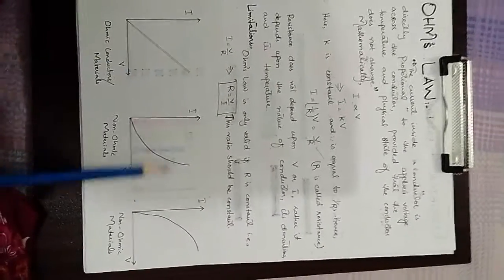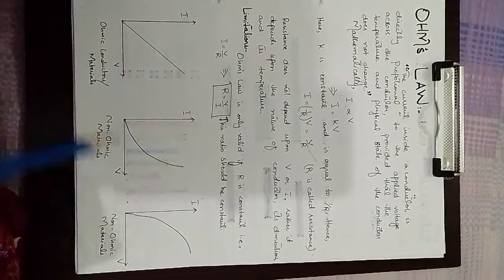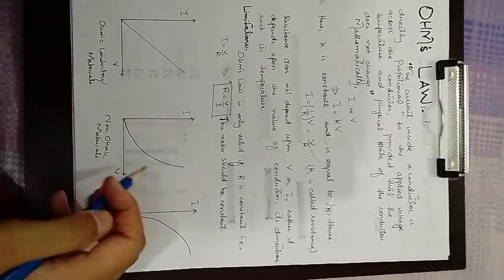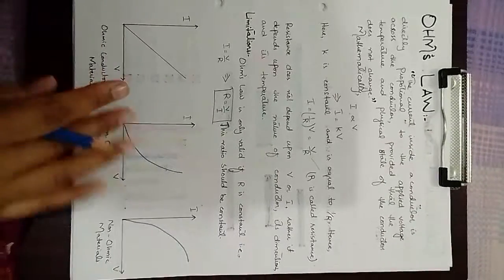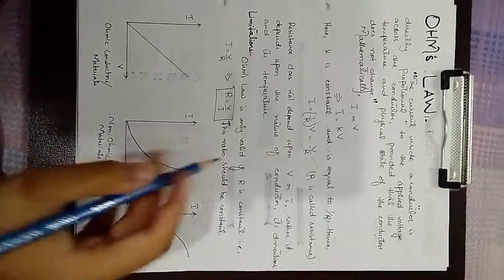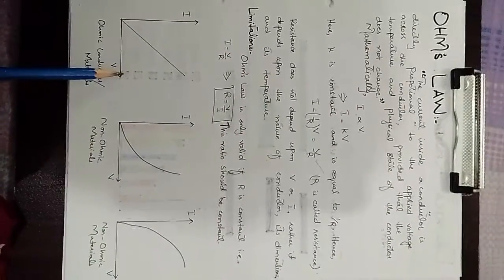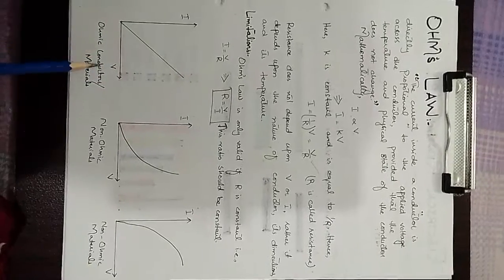This resistance depends upon the nature of the material and not upon V and I. So here I have drawn 3 graphs just to show which kind of materials obey Ohm's law and what it means by this equation. The first graph is for ohmic conductors.